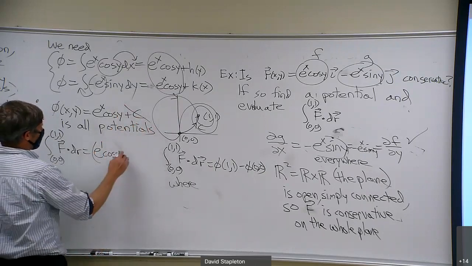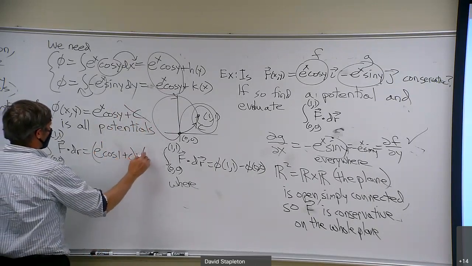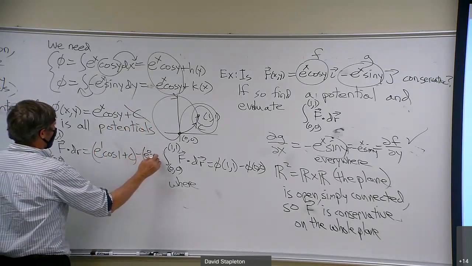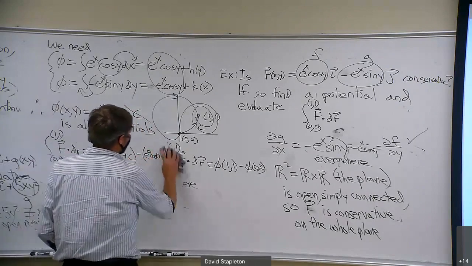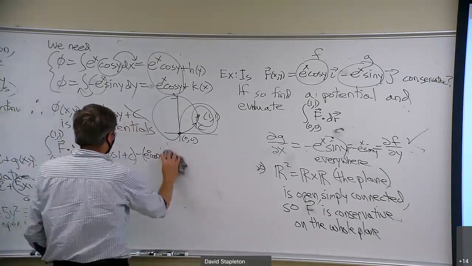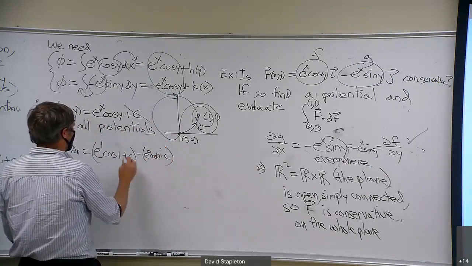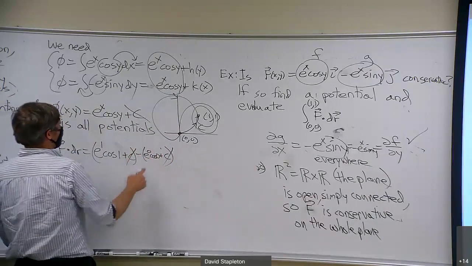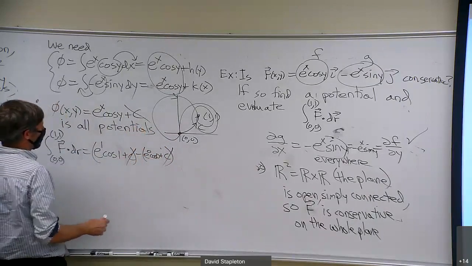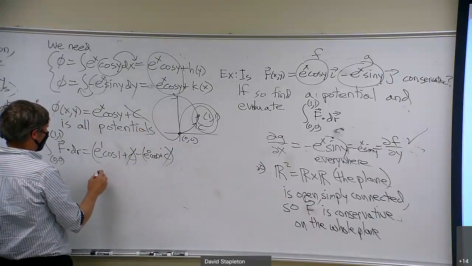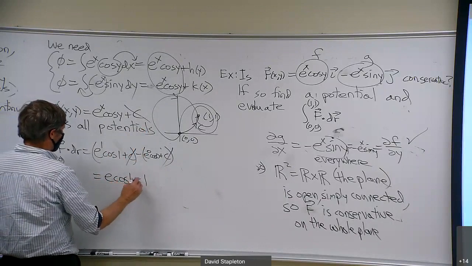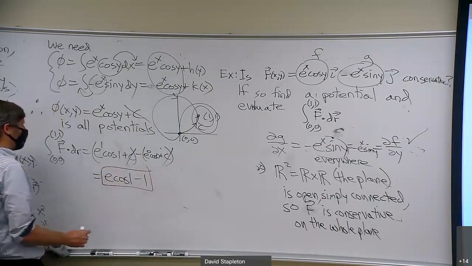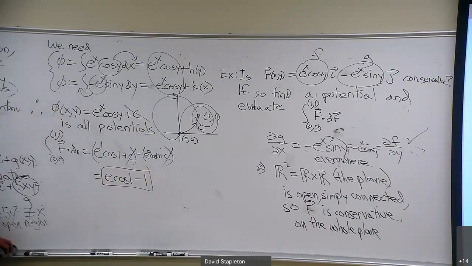Minus e to the 0 cosine 0 plus c, and the c's always cancel when you evaluate this. So it's easy. Just choose c to be 0, and you get e times cosine 1. There's the value of that line integral, no matter the path.